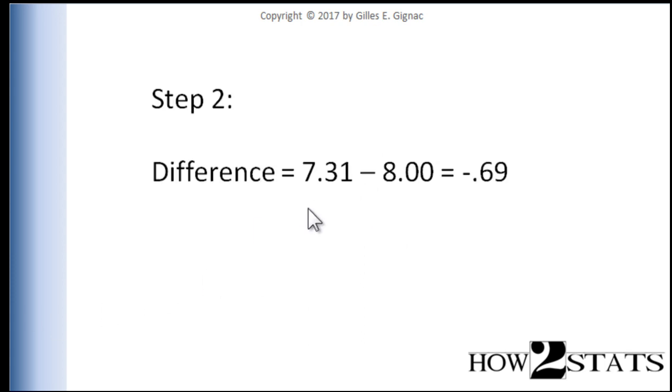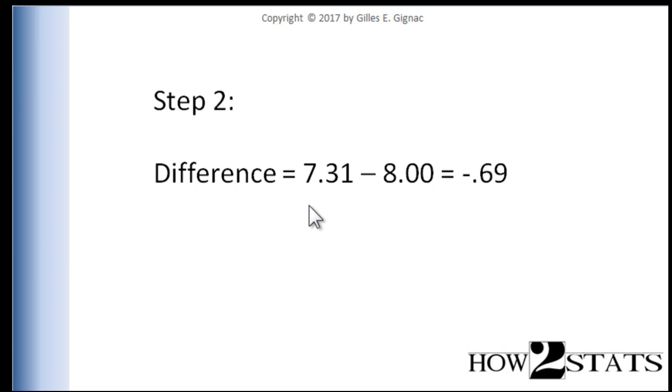So step 2, the difference between the sample mean and the non-sample mean, or sometimes called the population mean, amounted to negative 0.69. So you'll recall from the textbook, I had a hunch that the number of hours people sleep per night on average is 8 hours. But the sample, based on 10 people, suggests that it's 7.31. That's the point estimate.